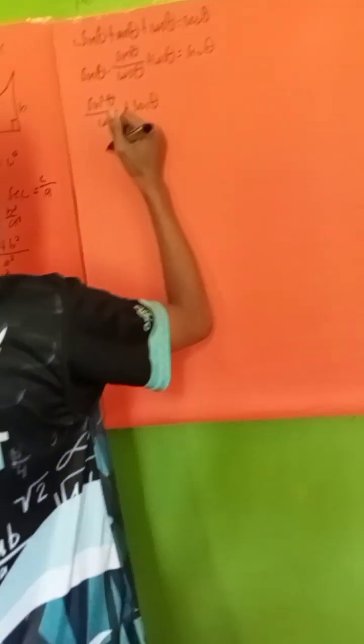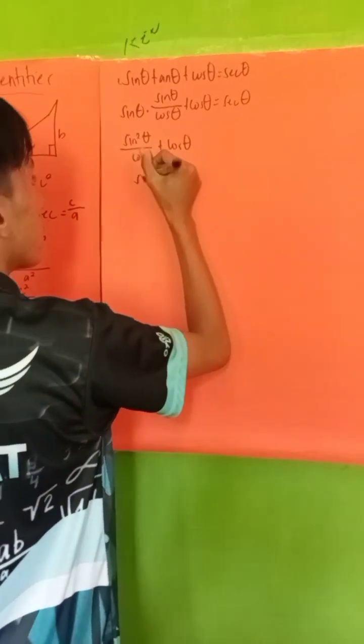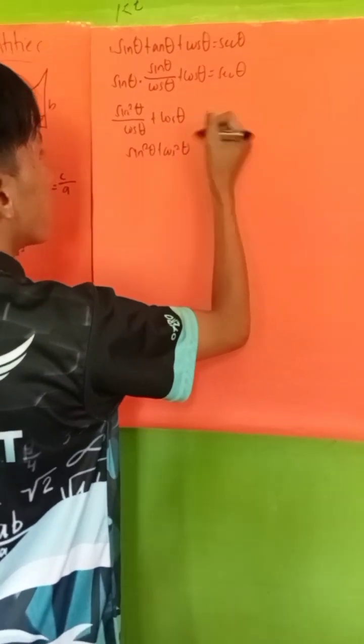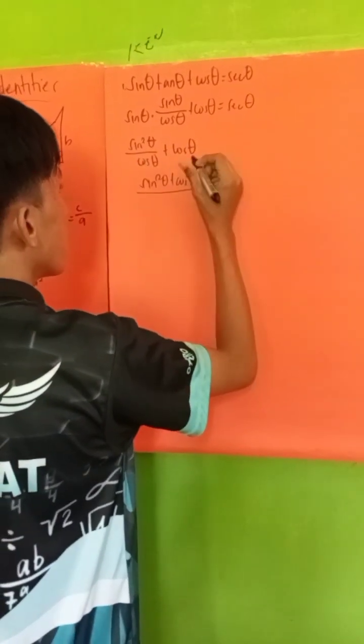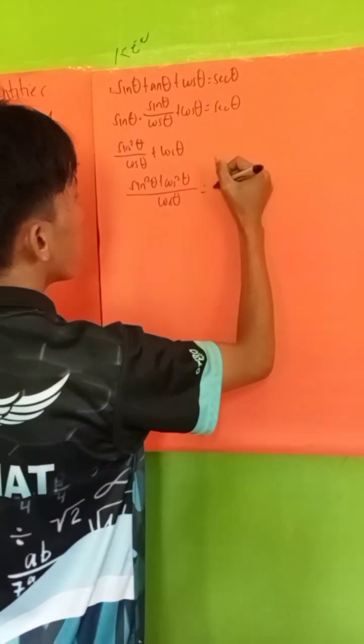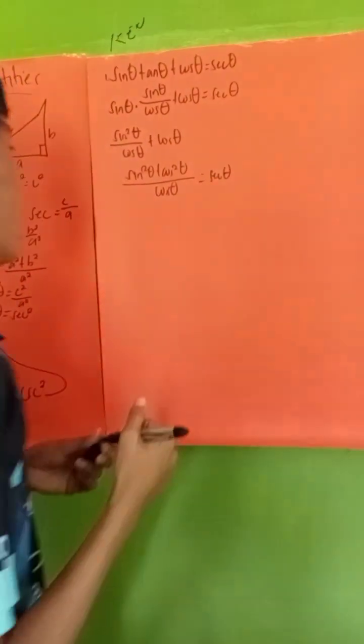So we have sine squared of theta plus cos squared of theta over cos of theta is equal to sec theta.